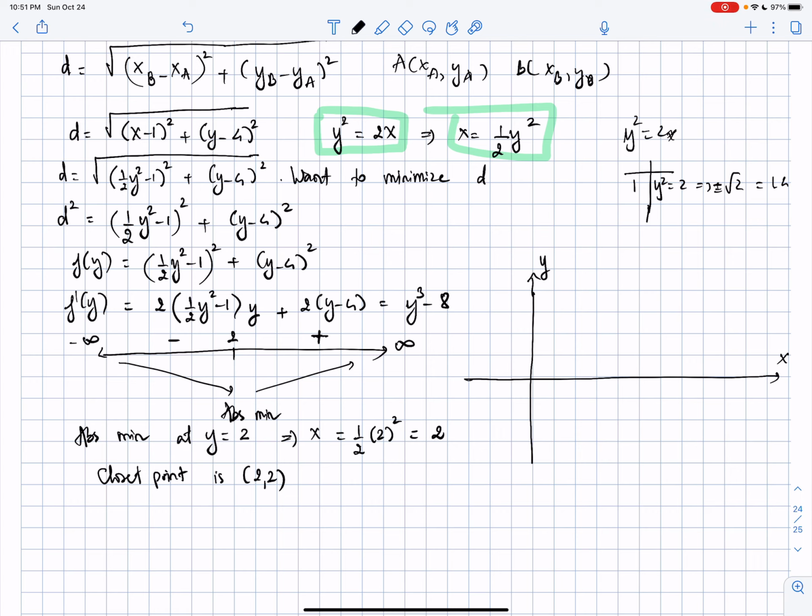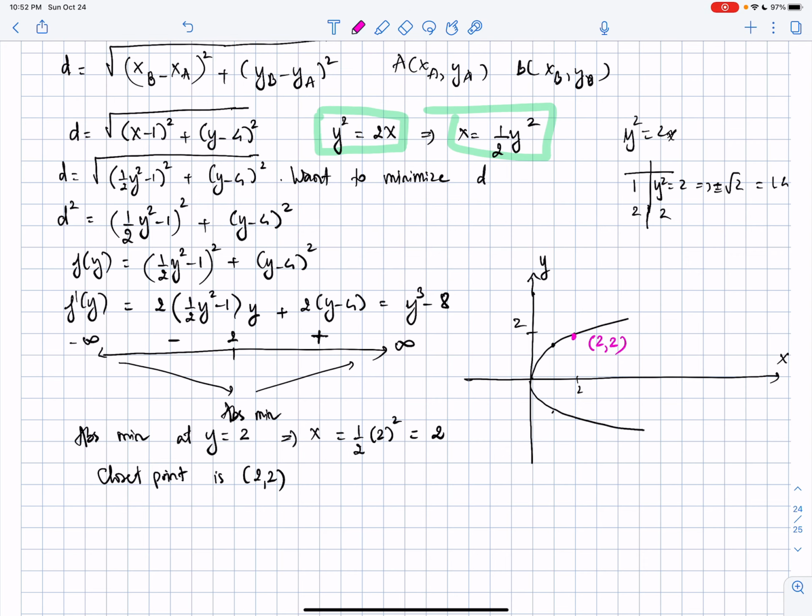So we have 1 on the x and 1.4 on the y. If we plug in 2 on the x, then we will have plus and minus 2 on the y, so we will get this point. So we have this parabola something like this. The point that we said is our answer is (2, 2).